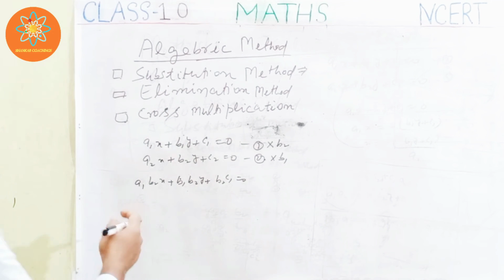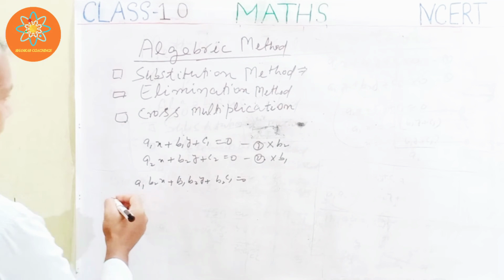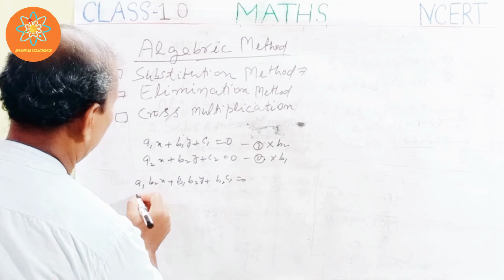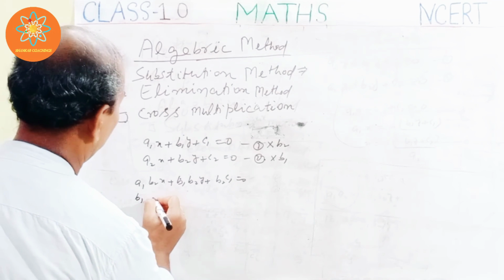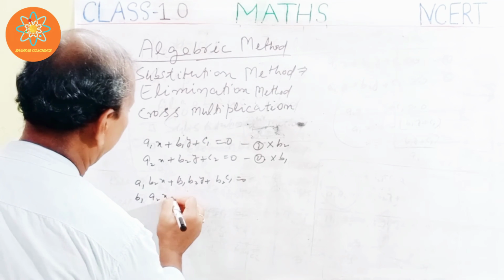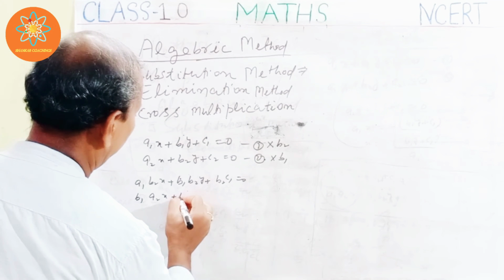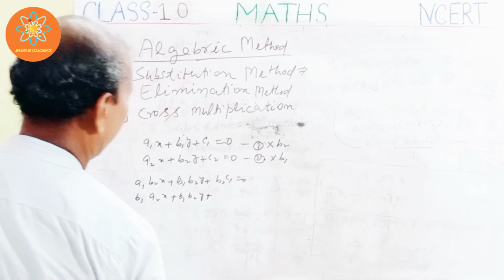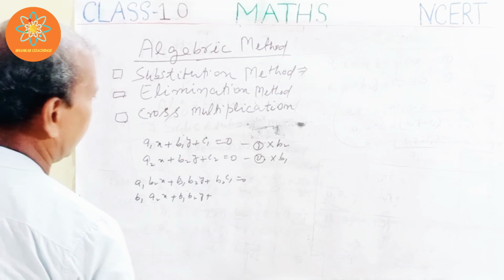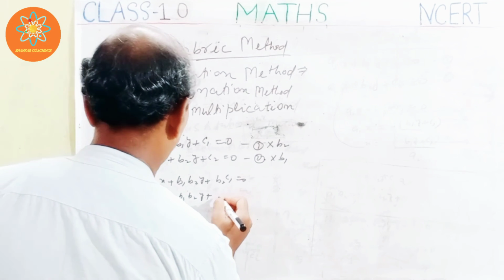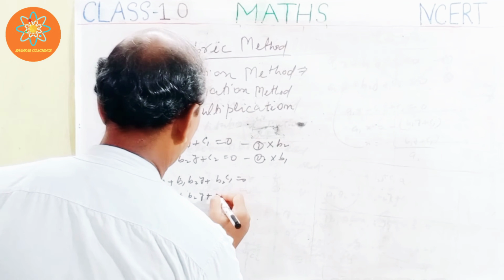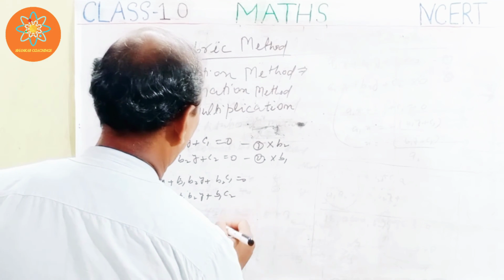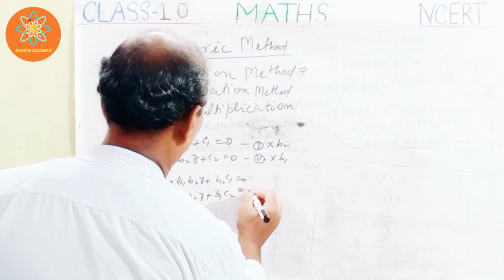And likewise here, it will be b1 a2x plus b1 b2y plus b1 c2, which is equal to 0.